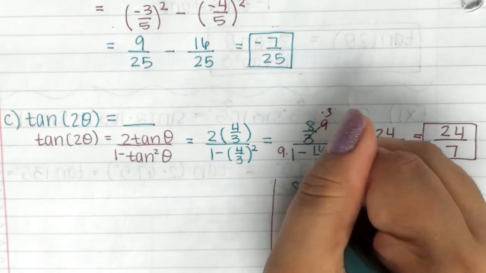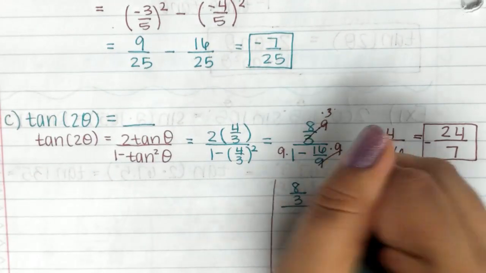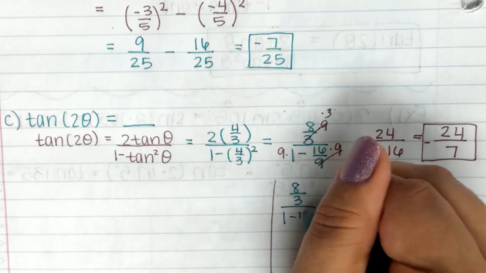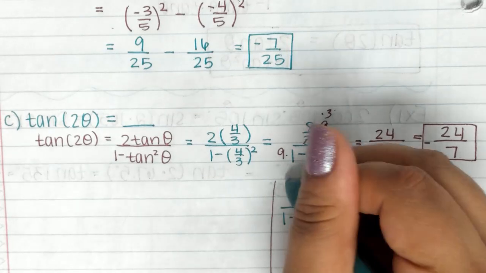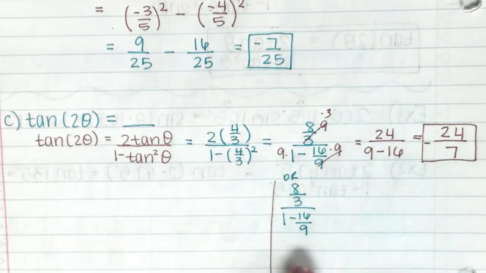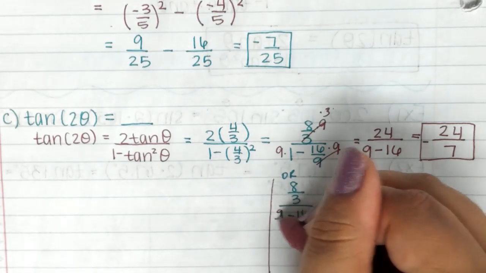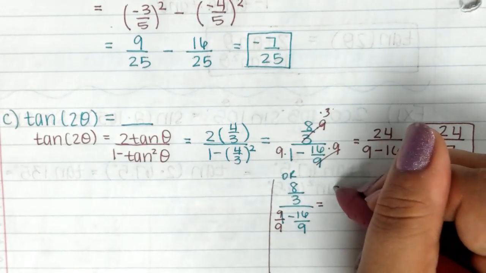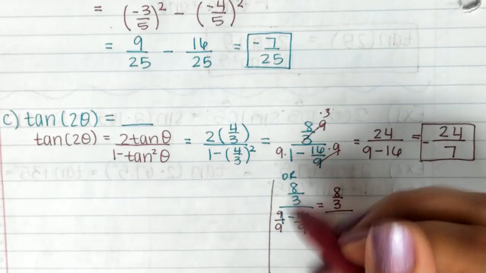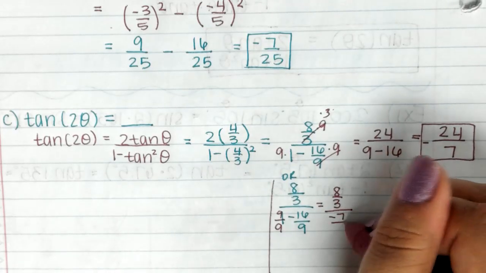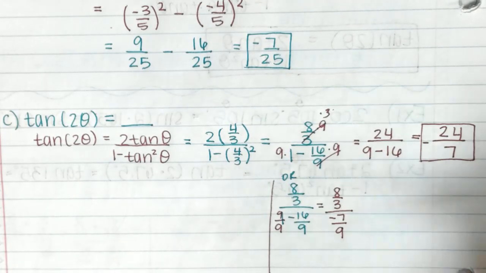If you wanted to instead right here, you could keep change flip by finding a common denominator here. 9 over 9. That's going to give me 8 over 3 divided by negative 7 over 9.